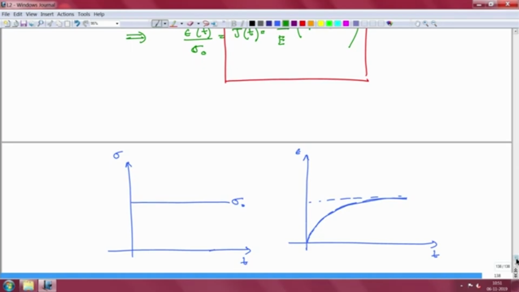So even though the stress relaxation function behaved as if the Kelvin-Voigt system has a very strong solid body like response, the creep function does not reflect all of that. It does saturate to a value, but here you do not have that.